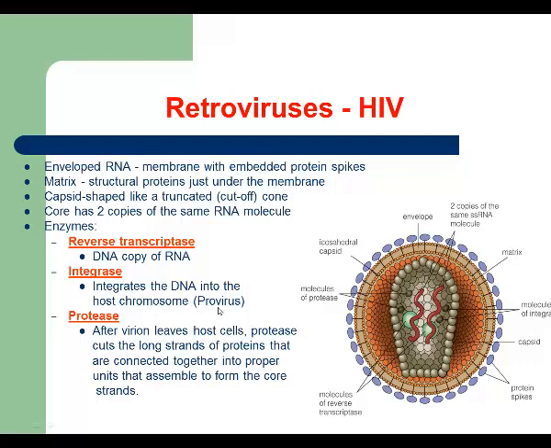It makes it a provirus. And the last enzyme is called protease. Protease participates in maturation of HIV virus. It makes the virus mature. Why do we have to remember those enzymes? Because anti-HIV drugs that we use today to manage AIDS or HIV infection actually affect enzymes of this virus.